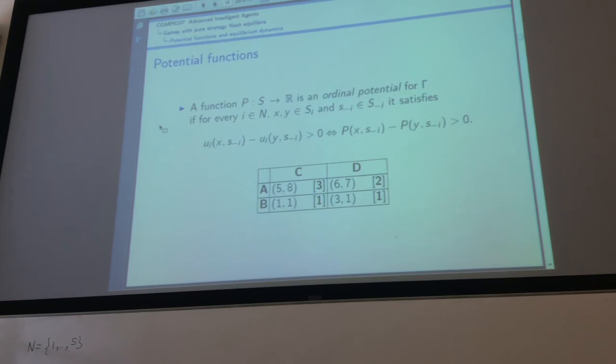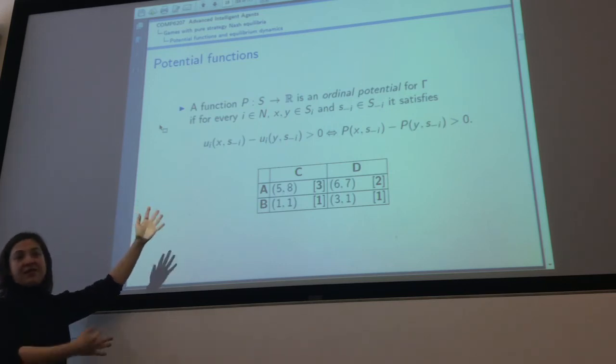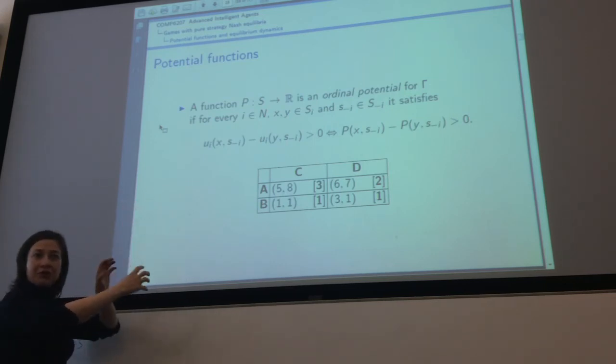Well, you may actually define infinitely many potential functions. If you can define one, you can define infinitely many. Any affine transformation of that function would also be a potential function. You also have to satisfy the condition, the same direction of the inequality. In this case, for exact potential, also the same increment.